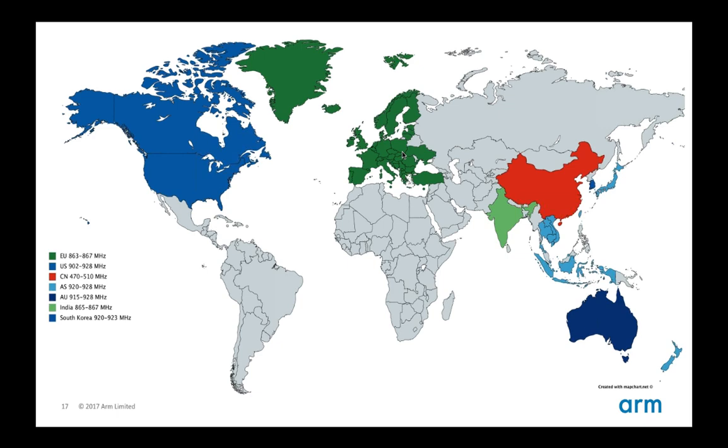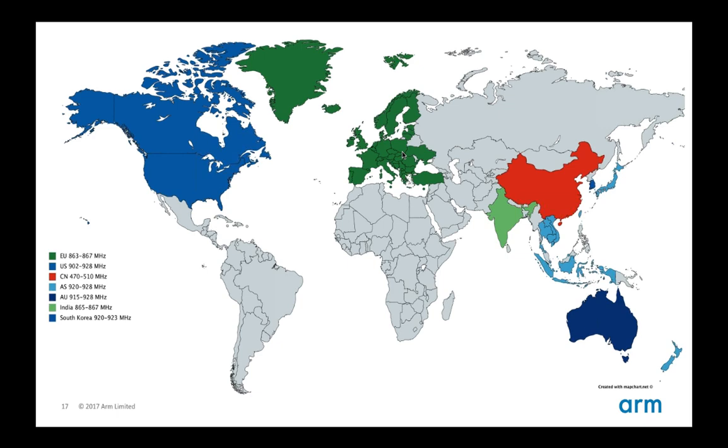There are different frequencies being used though across the world, and this is basically a map of the frequency plans that are now specified by the LoRa Alliance Technical Committee. This is part of a document that's called the LoRaWAN Regional Parameters. For example, the blue shades are devices that operate around 915 megahertz.